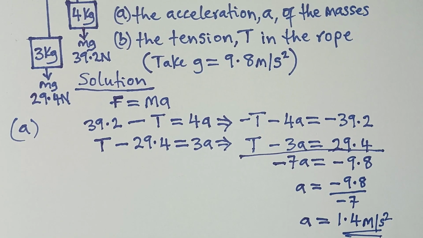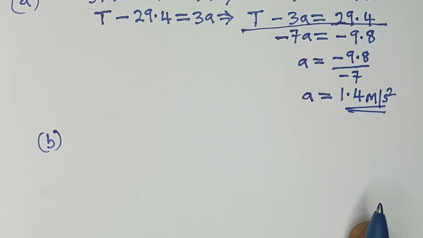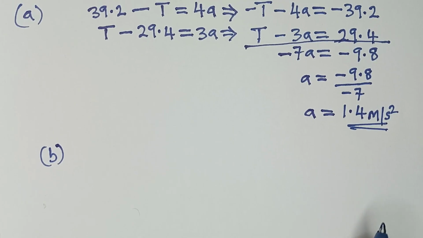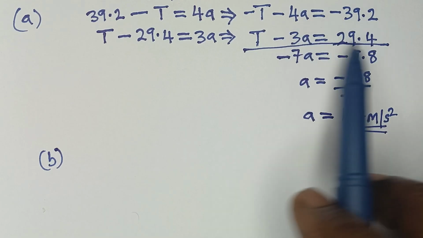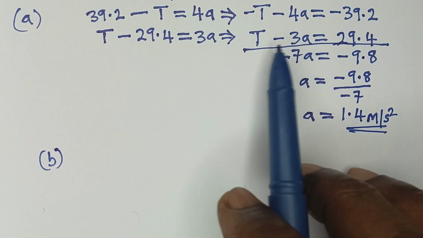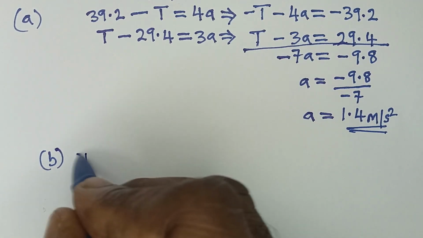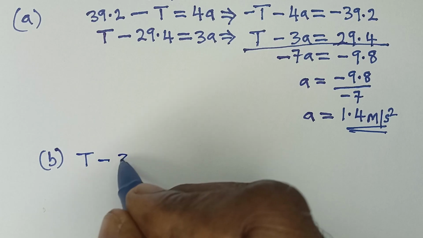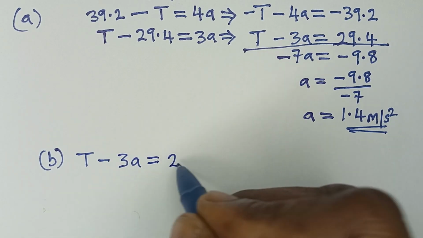So for us to find the tension, what we need to do now is to take one of the two equations that we have there. If you look at these two equations, we can take any one of them and use it to find the value of T. So let's take this second equation. That is T minus 3A is equal to 29.4.